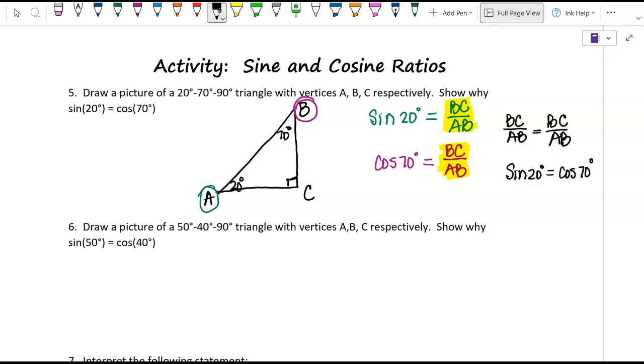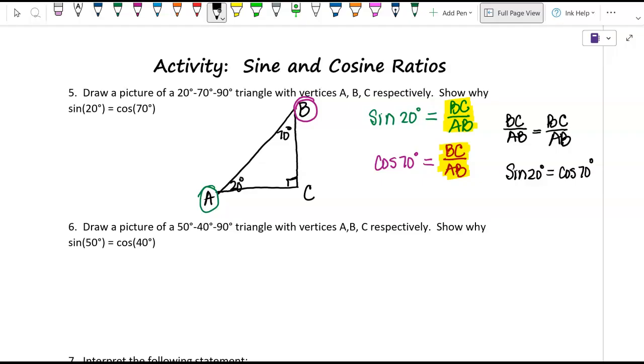And again, this comes down to the idea of our reference angle. Remember, sine and cosine, those ratios are based on where we are looking from. When I'm looking for sine, I'm looking from one side of the triangle. Cosine switches to the other angle of the triangle, but they're really both looking at the same part of the triangle, because what is opposite to angle A is adjacent to angle B, and the hypotenuse is the same for both of them.